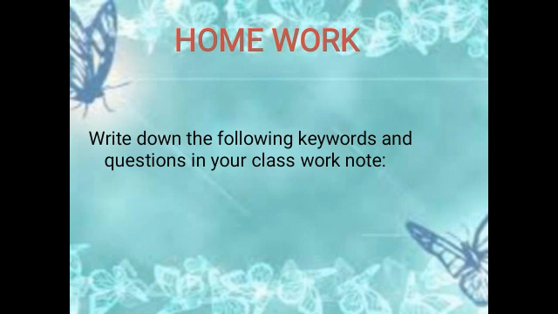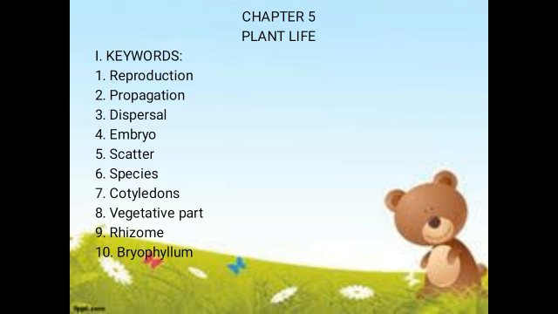Your today's homework is to write down the following keywords and questions in your classwork note. Take your classwork note, a fresh page, chapter 5, plant life and first Roman, keywords. These are the keywords: reproduction, propagation, dispersal, embryo, scatter, species, cotyledons, vegetative part, rhizome and bryophyllum.